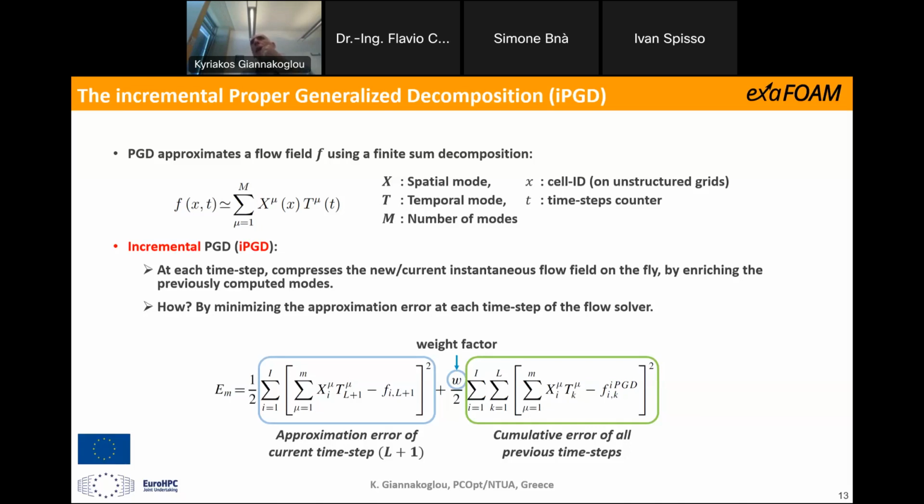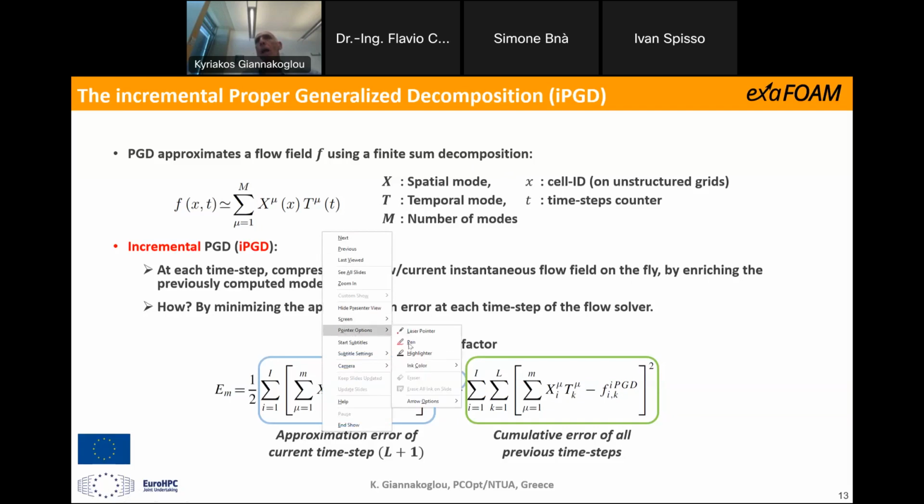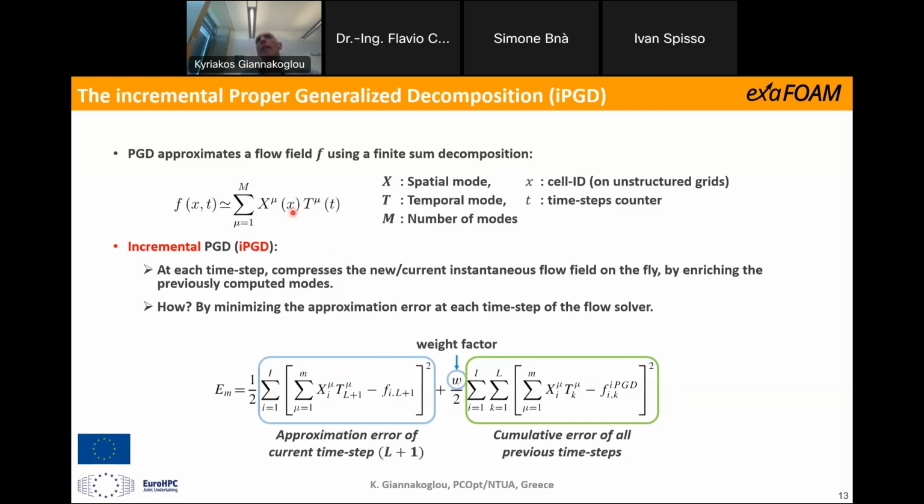Here, we should be careful because we are talking about unstructured grids. Someone might think that X is the coordinate of a node, but no, this is not the right thing to do here. X is just the cell ID. T is the time.